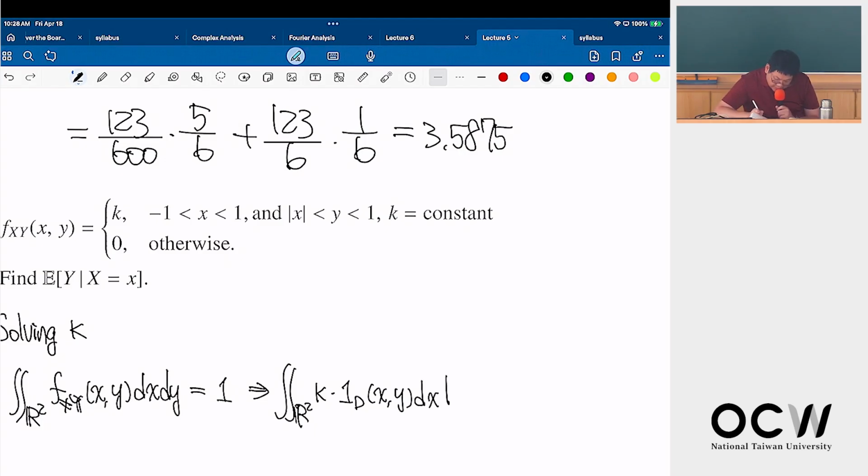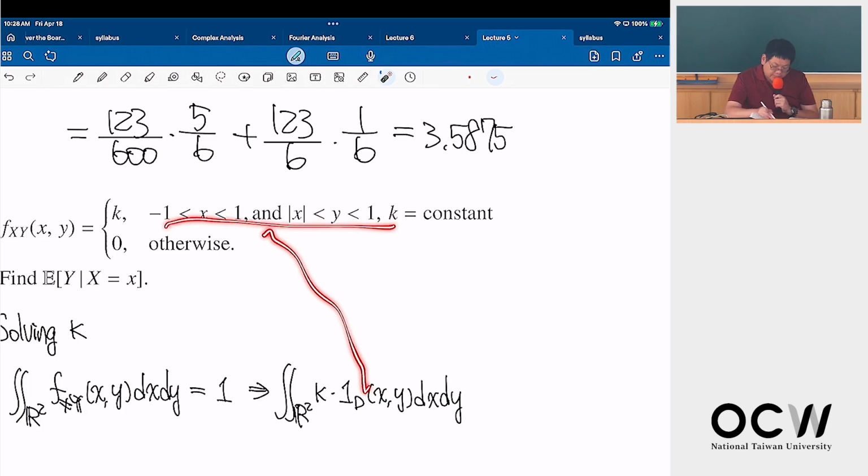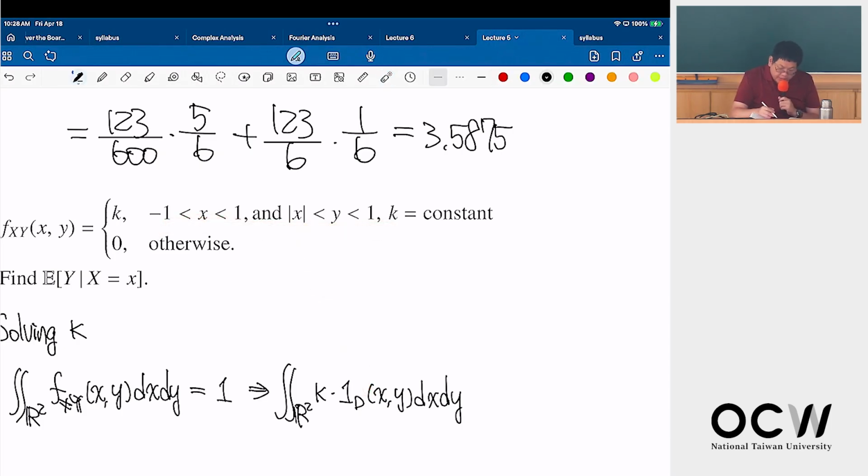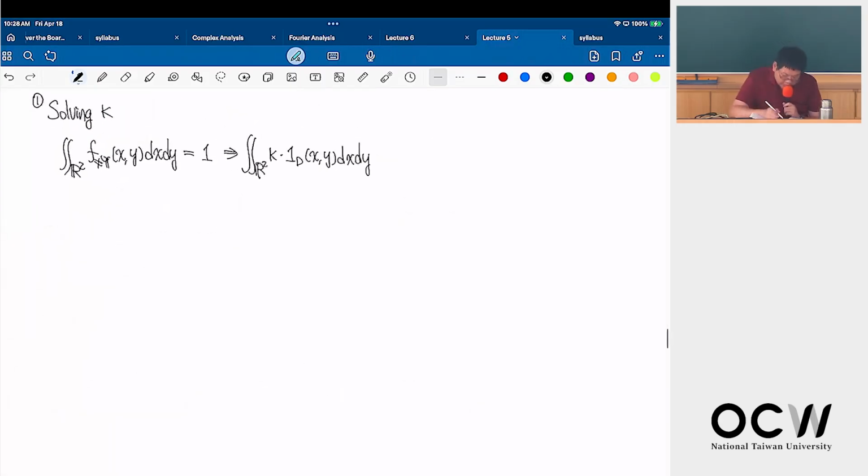This region is here. And then we can plot this region first here. This is 1, here is 1, 0, minus 1.